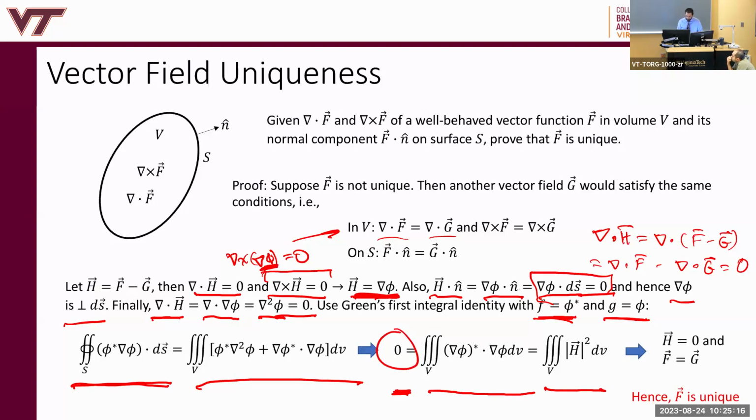And because the volume integral of some function is equal to 0, the argument is equal to 0. So H has to be 0, which means f is equal to g, which means f is unique. That means if I specify the curl and the divergence of a vector field, and of course the normal component on the surface, then I've specified f uniquely. We'll see that even the normal component is not necessary, and we'll make an argument for that.